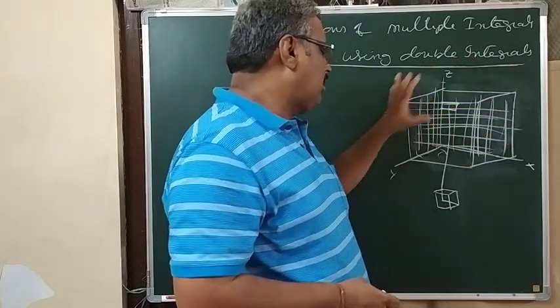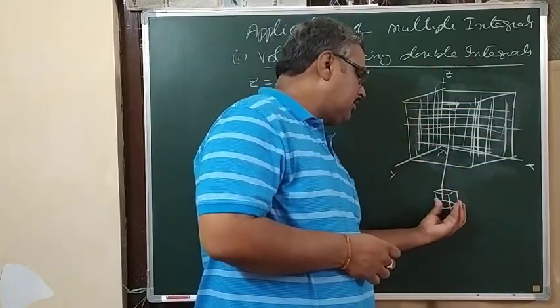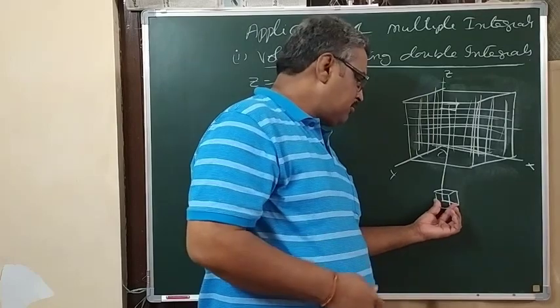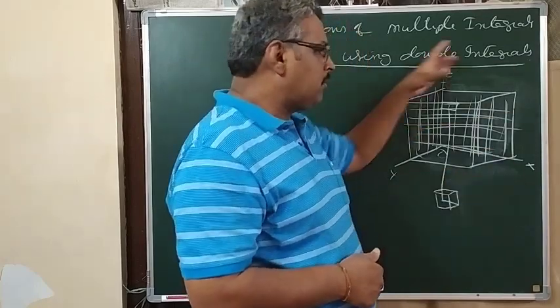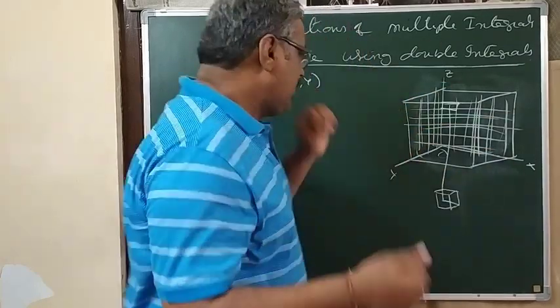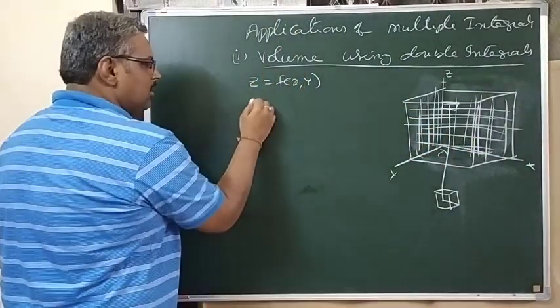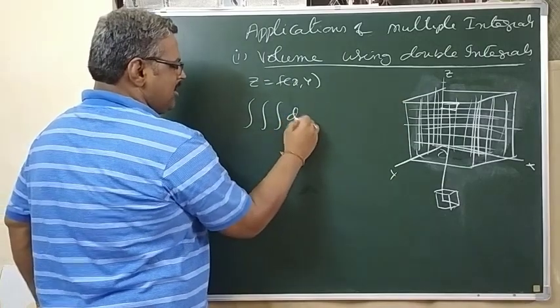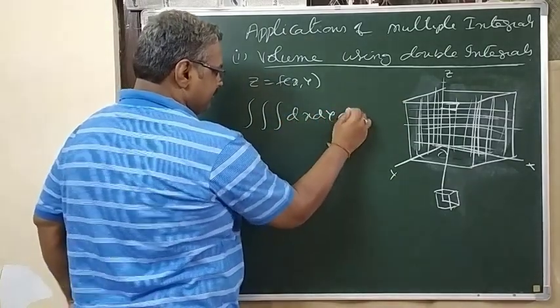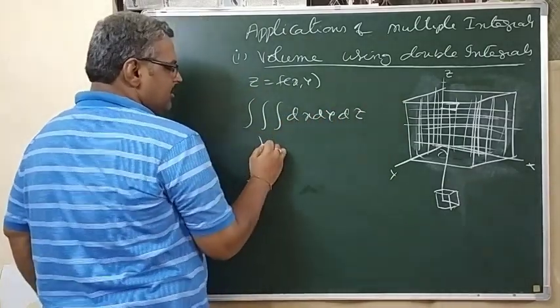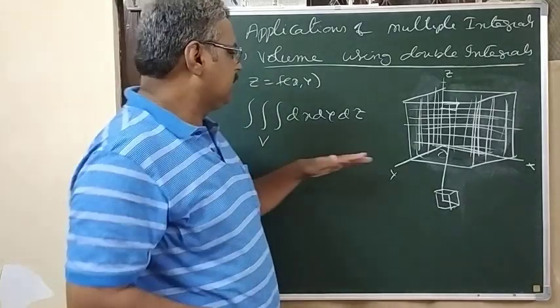If you add all the volumes of the small cubes, then you will get the total volume. What is the volume? Very simple. The triple integral of dx dy dz is the volume.